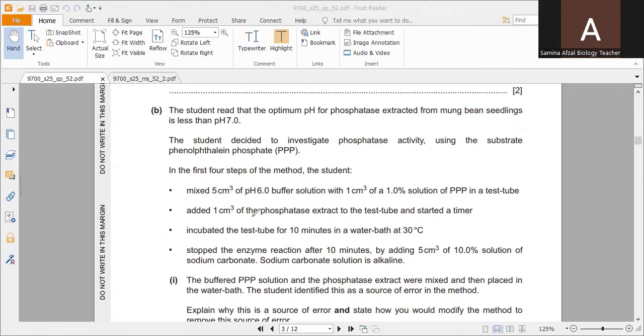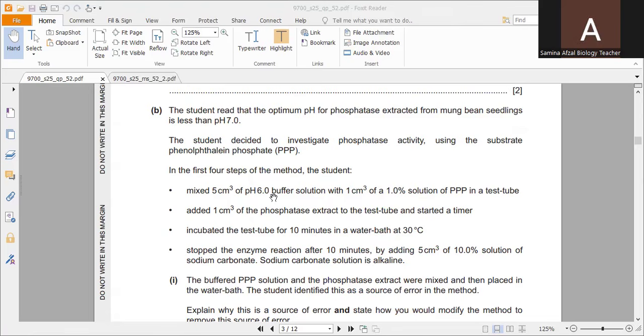Added 1 cubic centimeter of the phosphatase extract to the test tube and started a timer. Incubated the test tube for 10 minutes in a water bath at 30 degrees centigrade. Stopped the enzyme reaction after 10 minutes by adding 5 cubic centimeters of 10% sodium carbonate solution. Sodium carbonate solution is alkaline. It means it is more than 7.